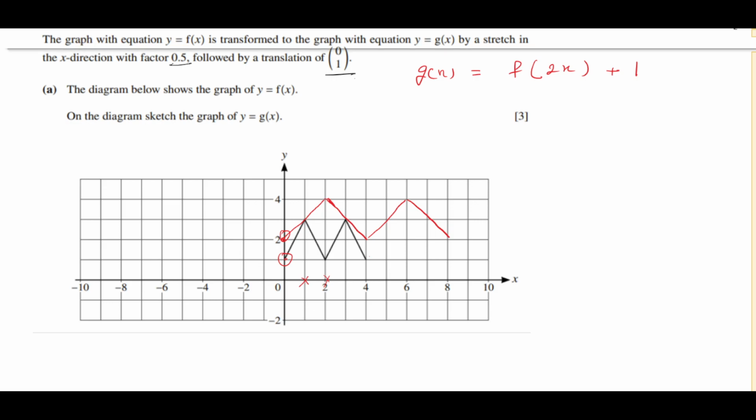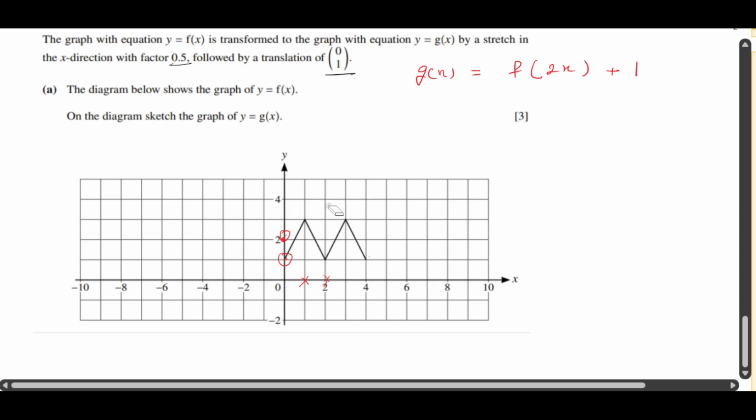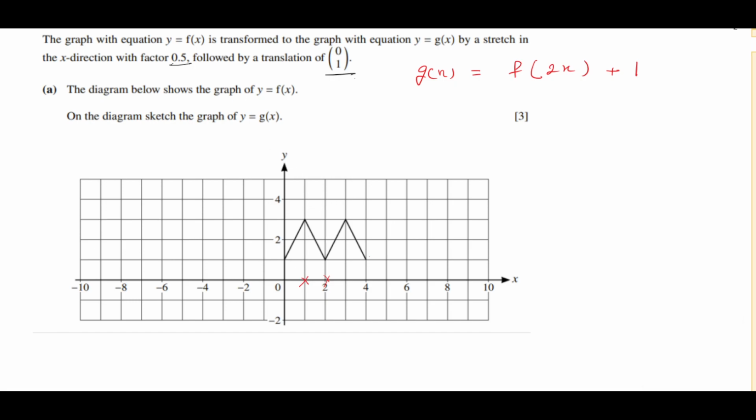What we do, we will start from this point, this is perfect. And then there is a shrink, means this point which I am getting here will be somewhere here, at this point, and this point which is here will be somewhere here.